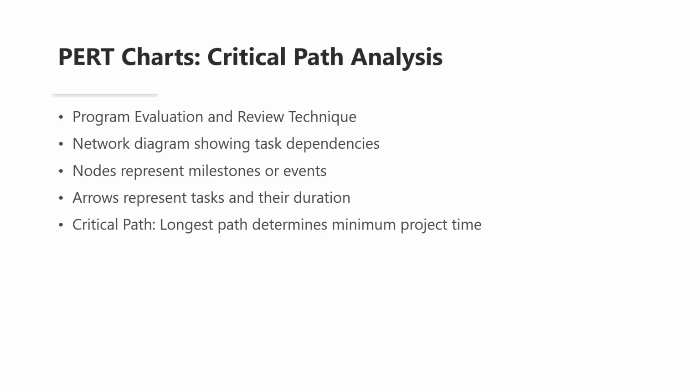Unlike a Gantt chart, which focuses on when tasks happen, a PERT chart focuses on how tasks relate to each other. A PERT chart is a network diagram where nodes, usually drawn as circles or rectangles, represent milestones or events, and the arrows connecting them represent tasks and their estimated durations.